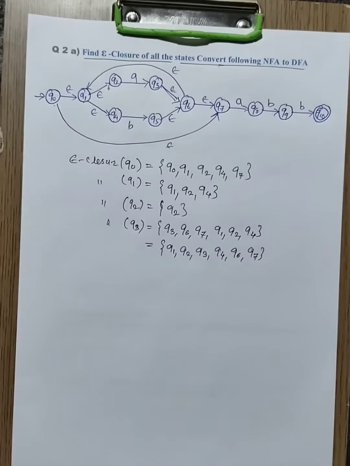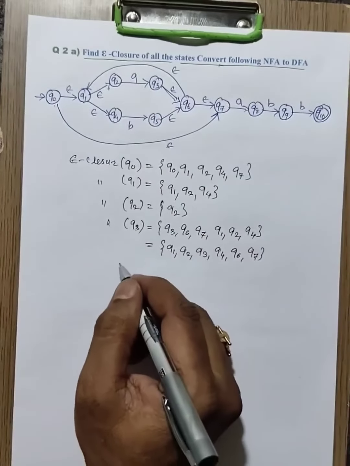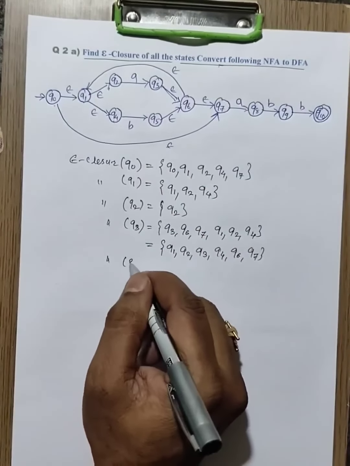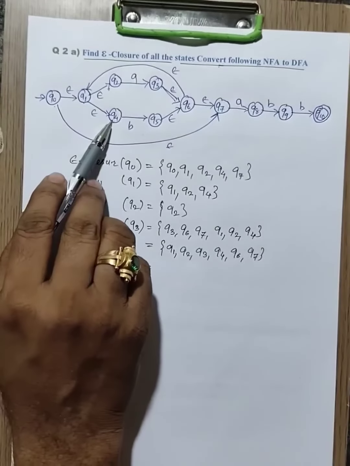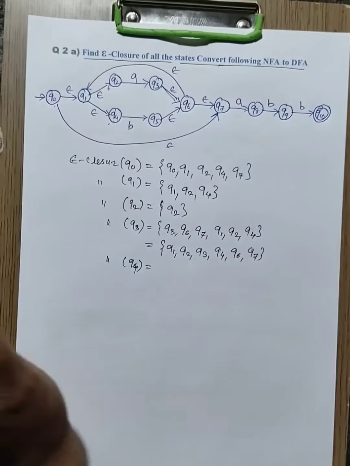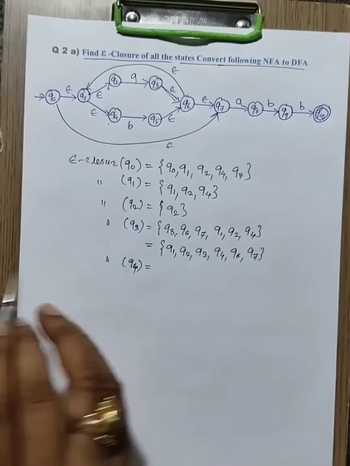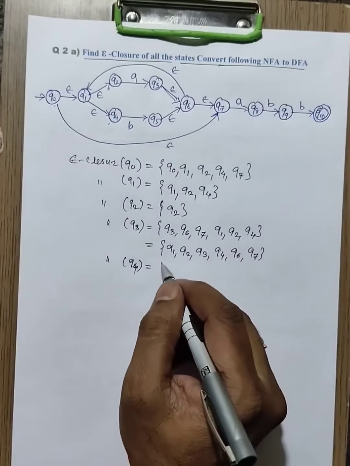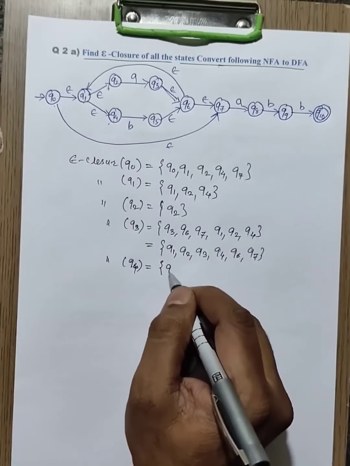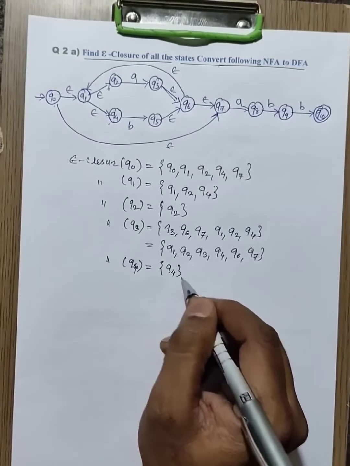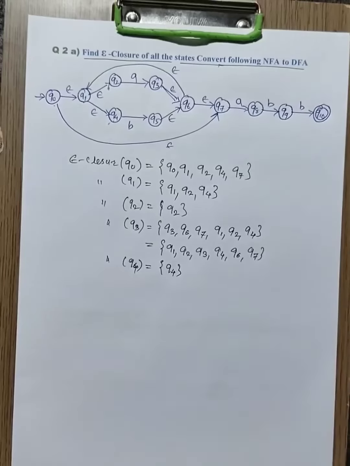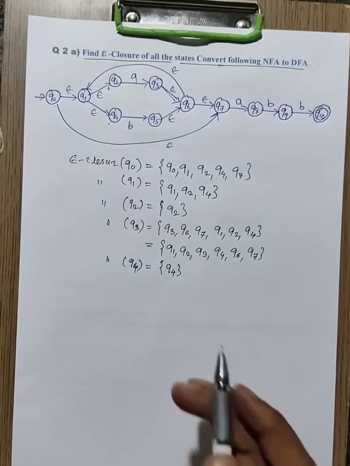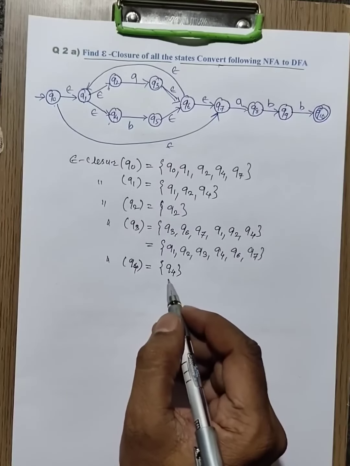Epsilon closure of Q4: from Q4 is there any epsilon transition? No. So the epsilon closure of Q4 is Q4.